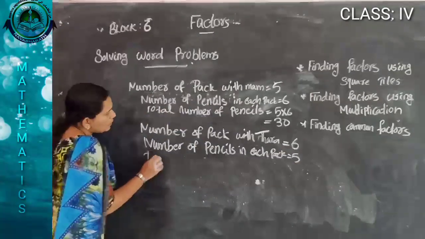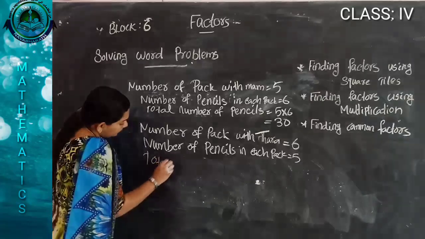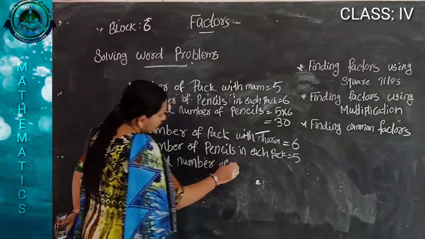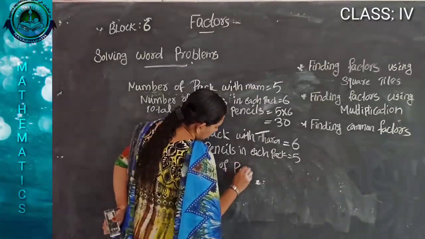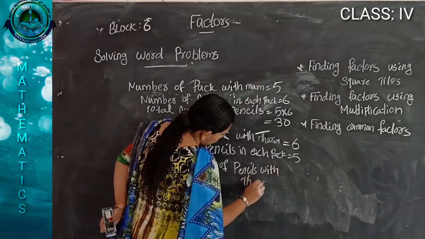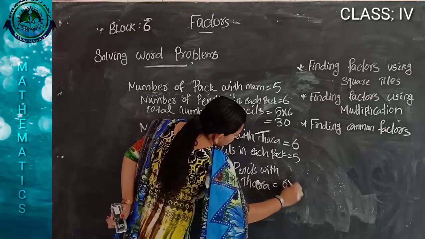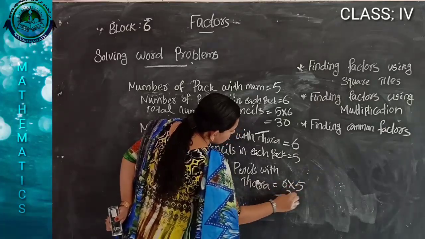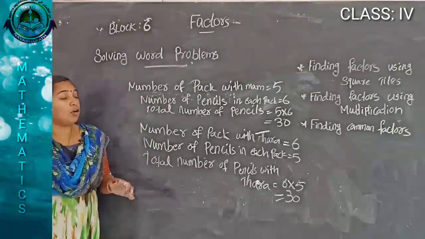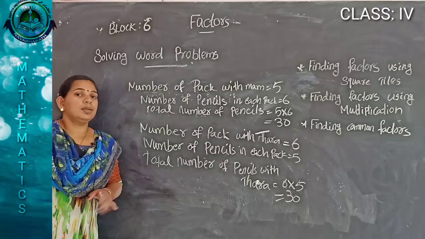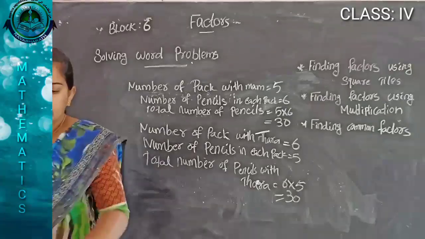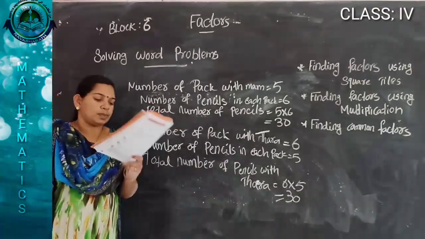Then total number of pencils with Tara. 6 into 5, that also is 30. Okay, who has more pencils? Both have an equal number of pencils. Okay, got it.